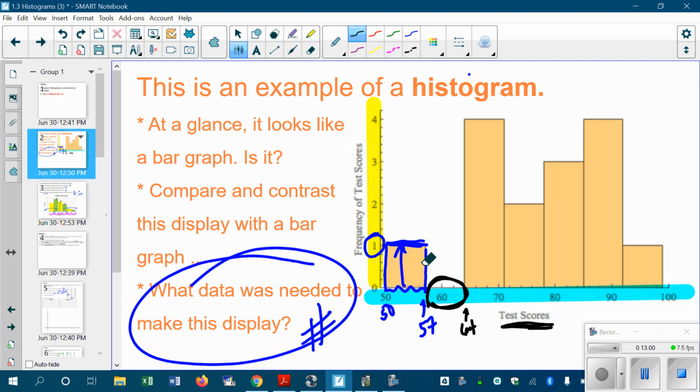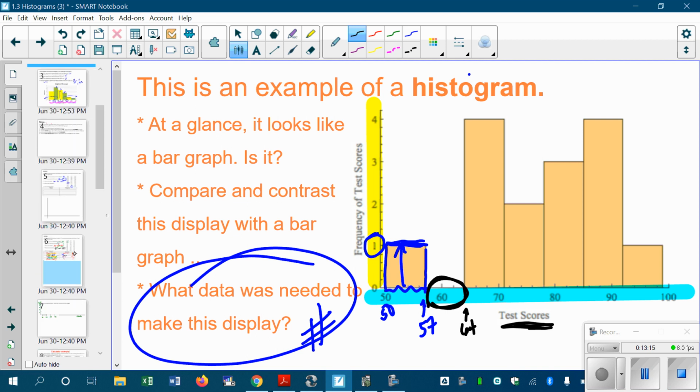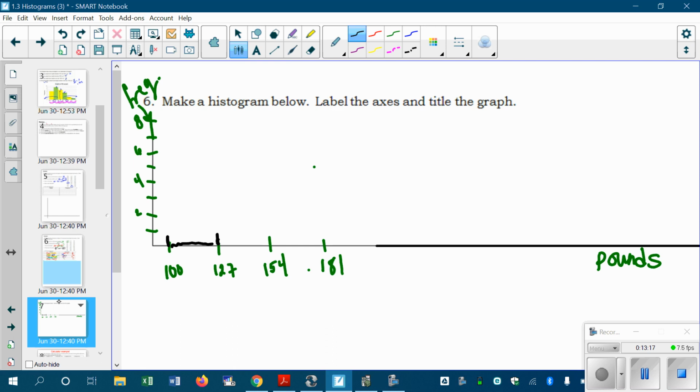No one. Right? And so this space is representing a bar of height 0. No data was in there. That is the only time you're going to have a space in a histogram, is if you actually have an interval that does not contain any data. Otherwise, all the bars are like right up against each other.